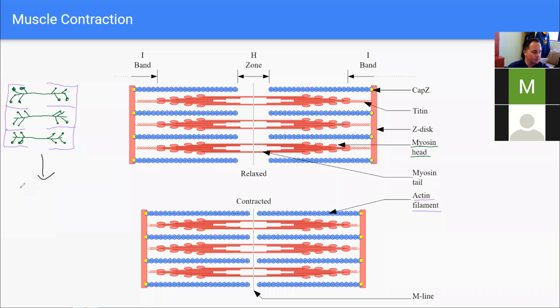So now what we're going to draw is our actin filament, and this time our myosin is going to be attached to the actin. So go ahead and do this.